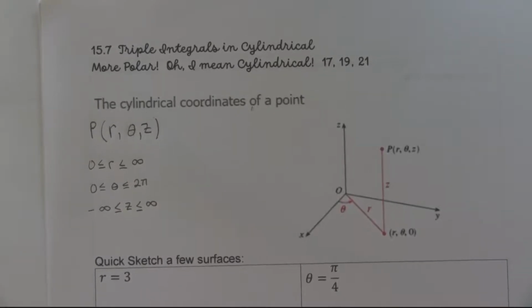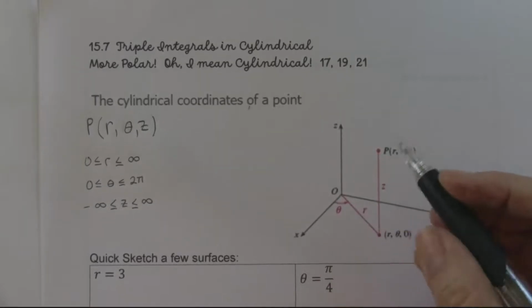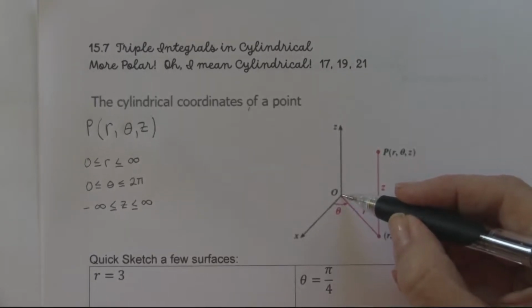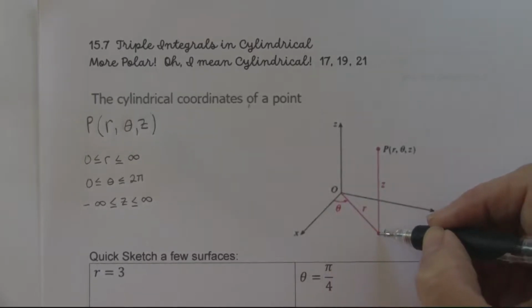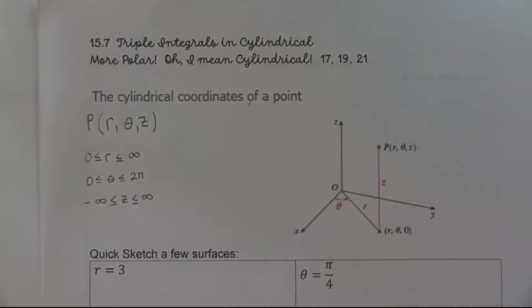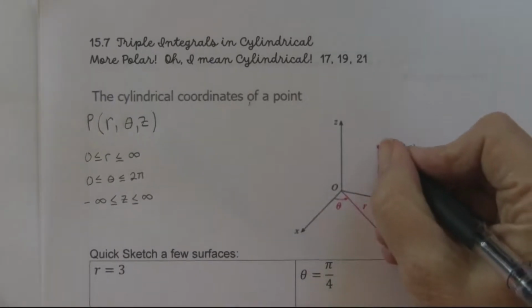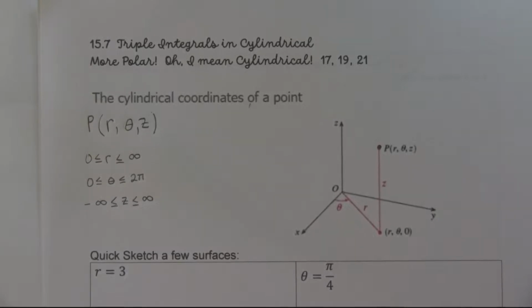And then this is how you would plot a point in cylindrical coordinates. From the x-axis, you would go however much theta, and then r is from the point 0, 0 out to however long, and then z is up, and this is your point that you would have plotted. There are a few problems in the book that ask you to plot points.